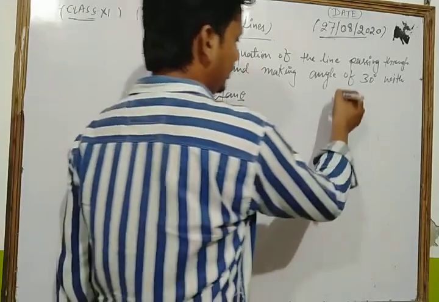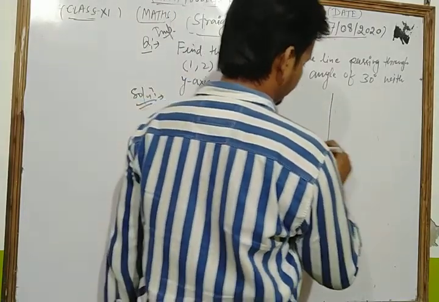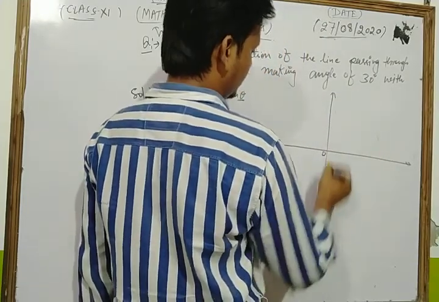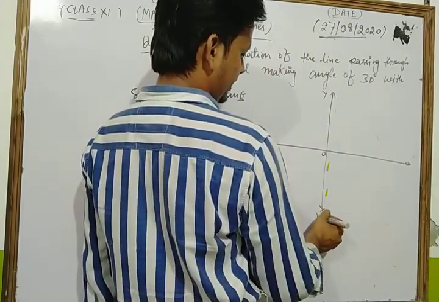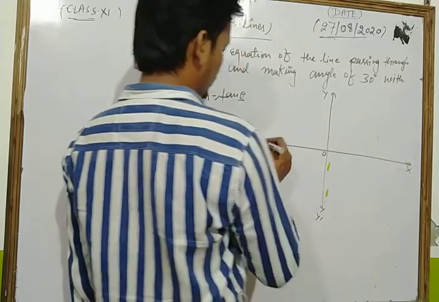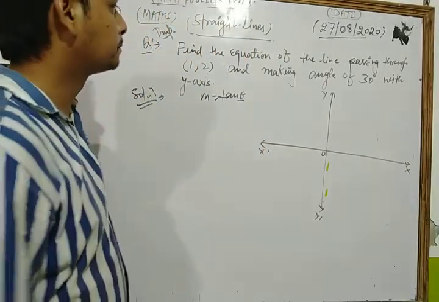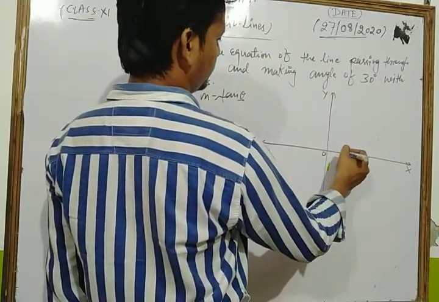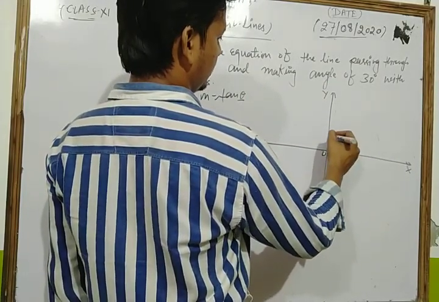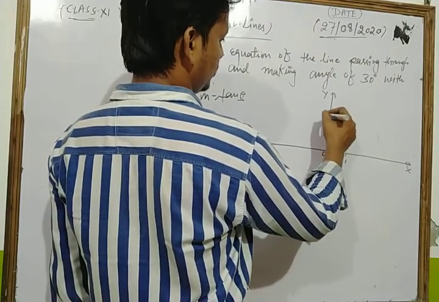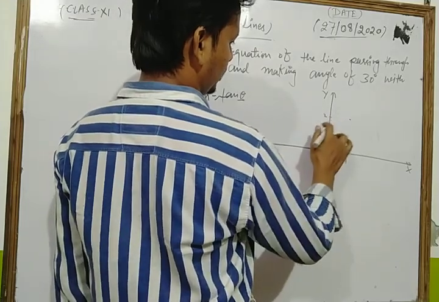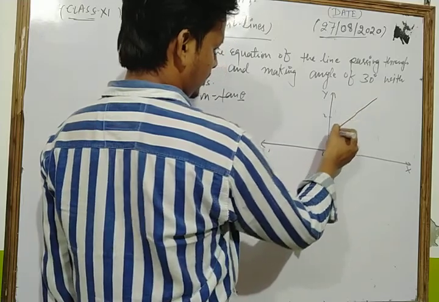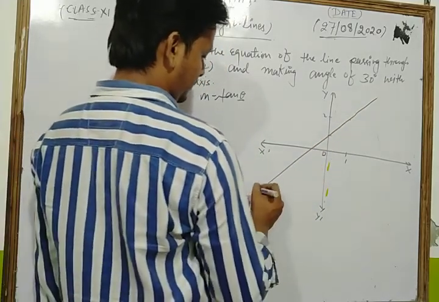Now let's see the figure. First of all, we make a figure with YOY' and XOX'. Suppose a line passes through the point (1, 2).